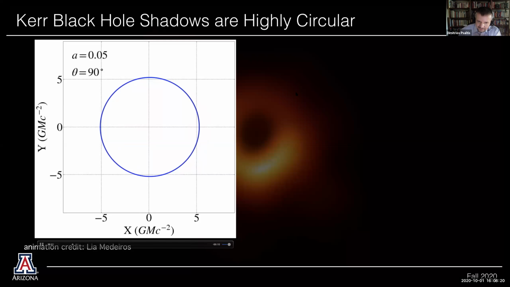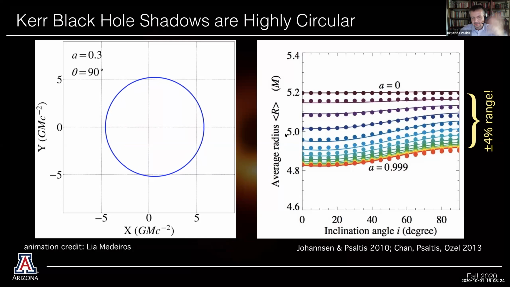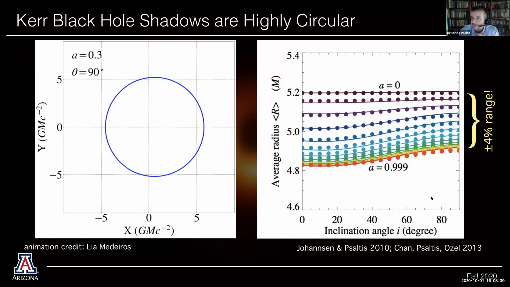What you're left with at the end is that the characteristic radius, or multiplied by 2 the diameter of the black hole, is extremely weakly dependent on the spin of the black hole from 0 to maximum, and extremely weakly dependent on the inclination with respect to the spin from where you're observing it. The rough magnitude is 5 geometric units, give or take 4%.